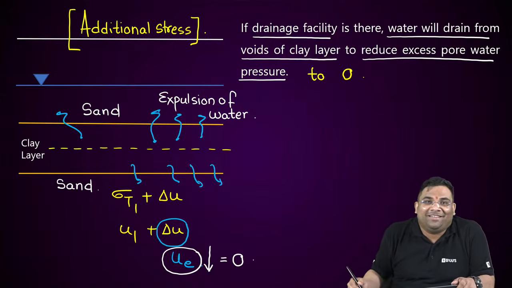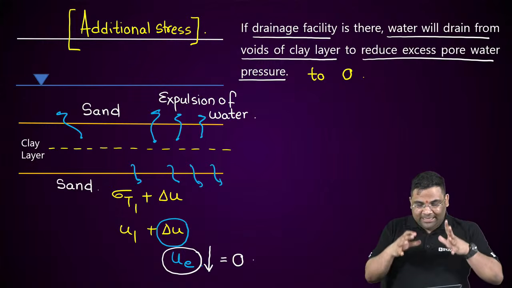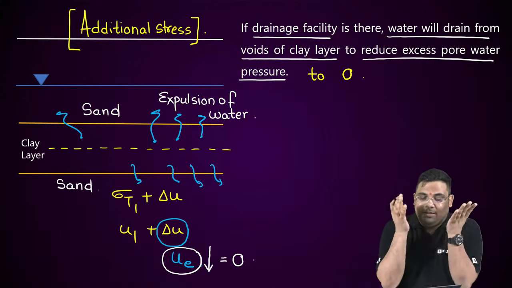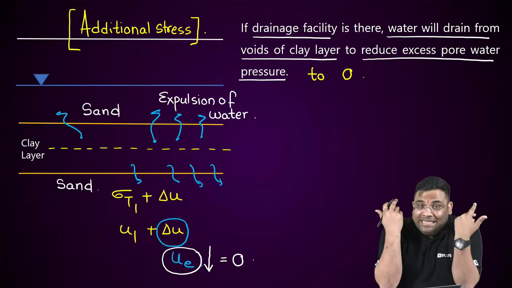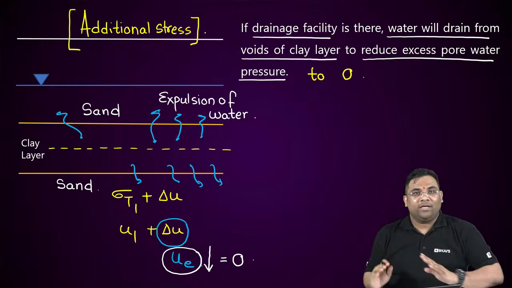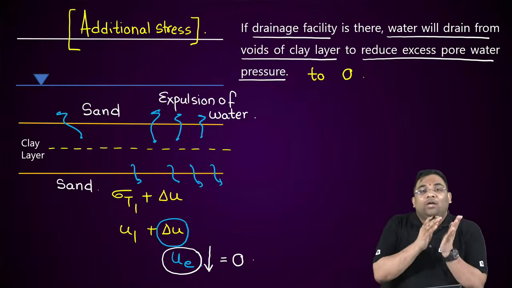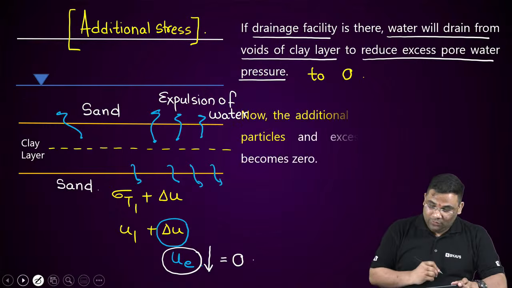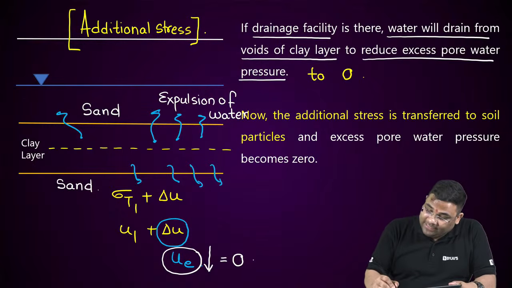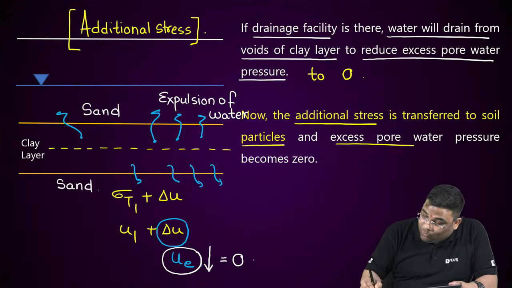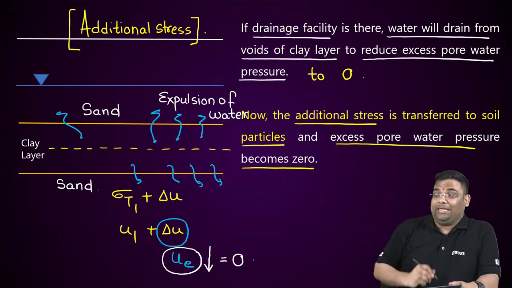The soil particles. Initially the additional stress was taken by water, due to which the pore water pressure had increased, but due to drainage, the excess pore water pressure is reduced, and now the load is taken by the soil particles. So the additional stress is transferred to the soil particles, and excess pore water pressure becomes zero.